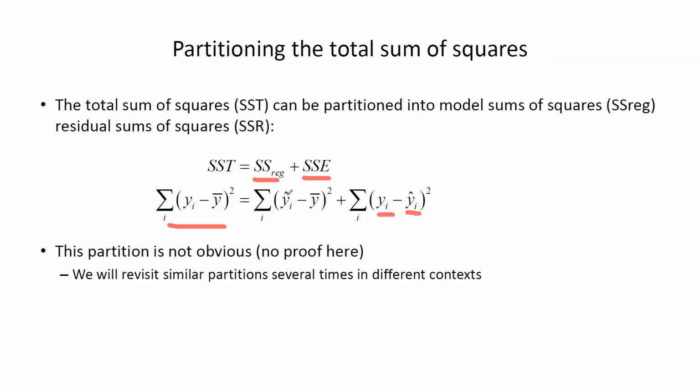And here we have the predicted values minus y bar squared. That this equality holds is not completely obvious. One does have to show it, but we're not doing that here. Similar partitions will show up from time to time in this course. Let's look a little bit more at what this means.